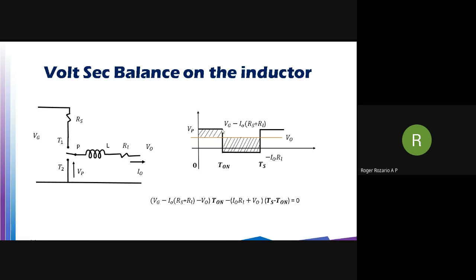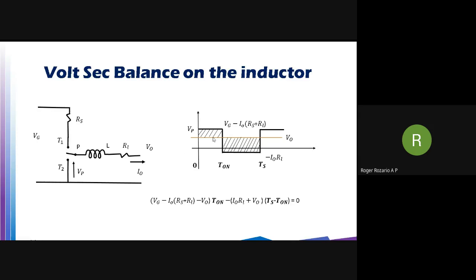This is the area of the shaded region. The area of this shaded region and the area of this shaded region are equal. That is the principle behind this volt-second balance.